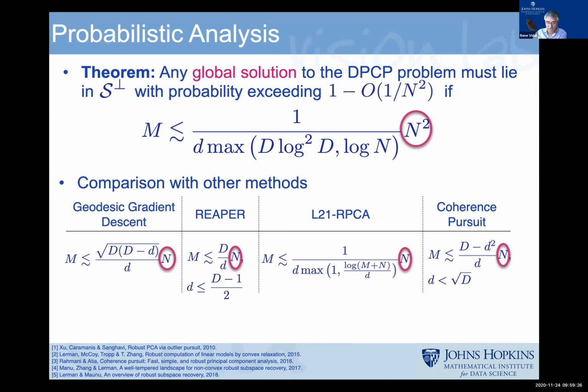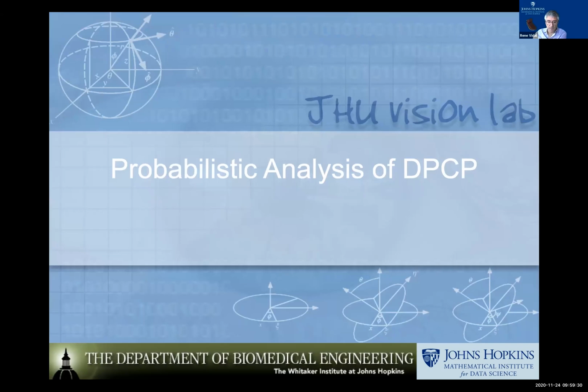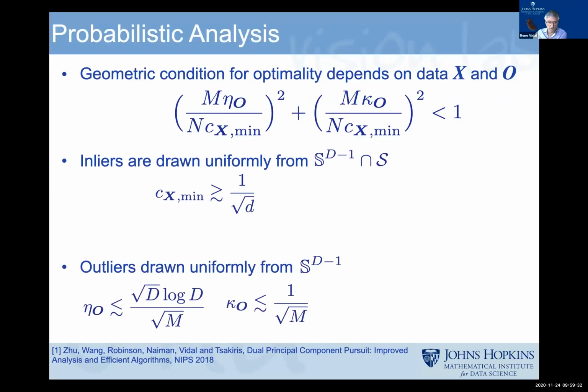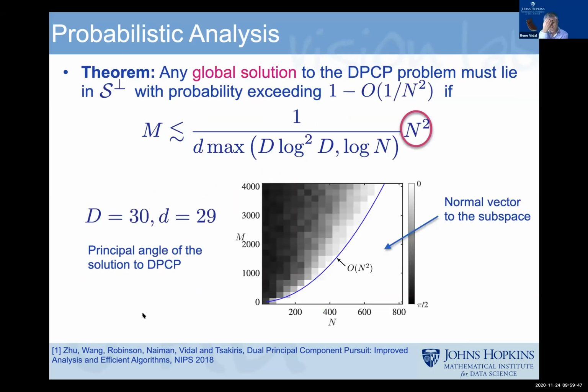The dependence on capital D comes from the concentration bound for the eta O here. That square root of D is the one that is sort of killing us in this analysis, and trying to get rid of that square root of D is the crux. So back to your question.